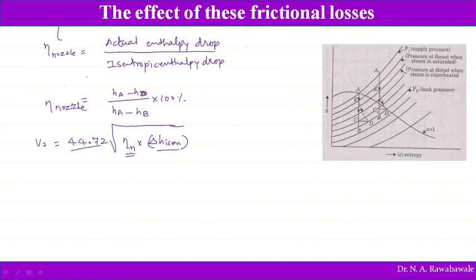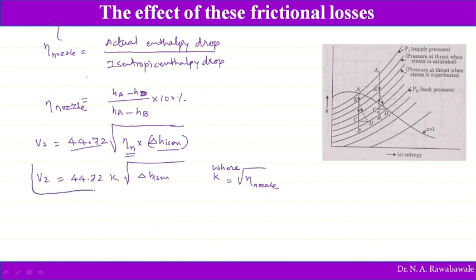Therefore we are multiplying this enthalpy drop by nozzle efficiency. So here the square root of nozzle efficiency is taken out. This is written as 44.72 into K square root of delta H isentropic, where K is equal to square root of nozzle efficiency. So this is how the velocity of steam is also given in terms of nozzle efficiency.